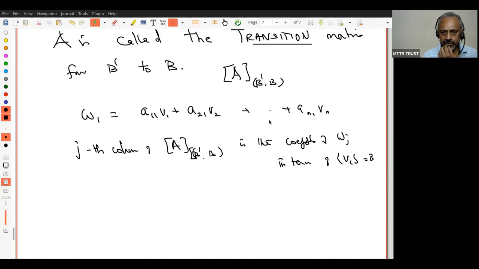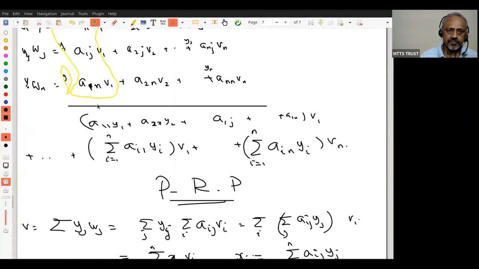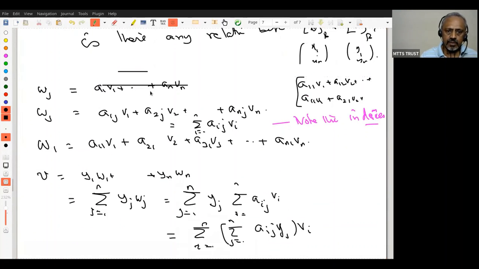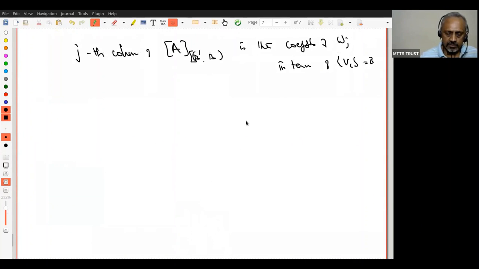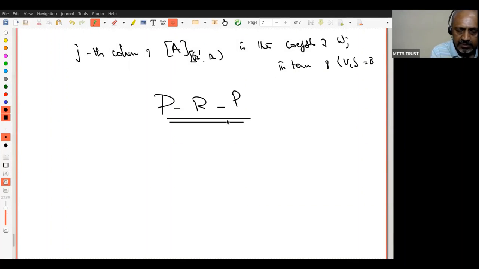This becomes the first column. If I write wj, that is a1j, a2j, ..., anj. Therefore, in the matrix this will be the jth column. Please do not get confused. Revise this at least twice. You will feel comfortable. Please go through it. If you want, take a pen and paper and do it on your own.